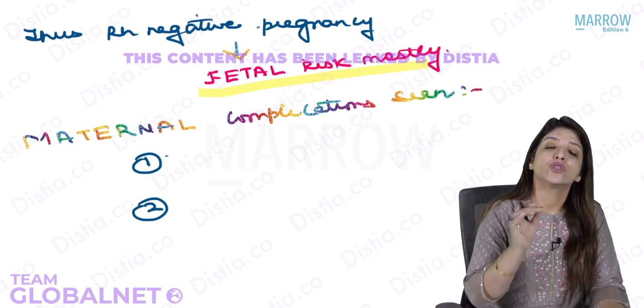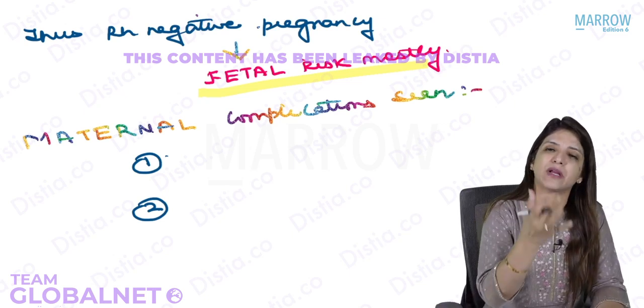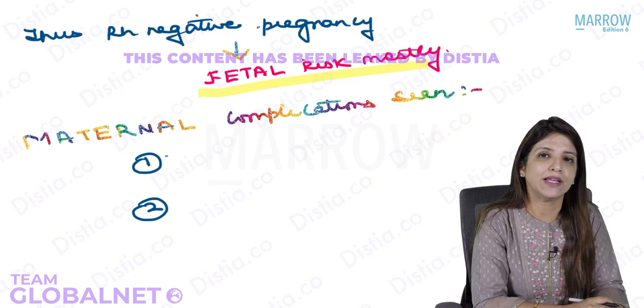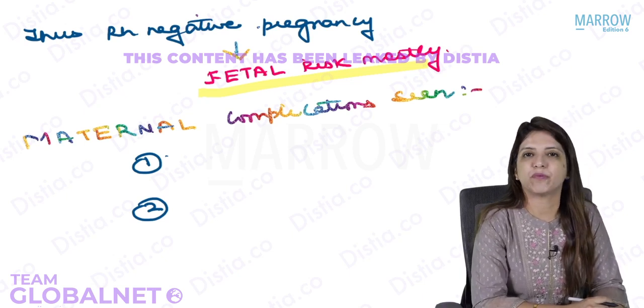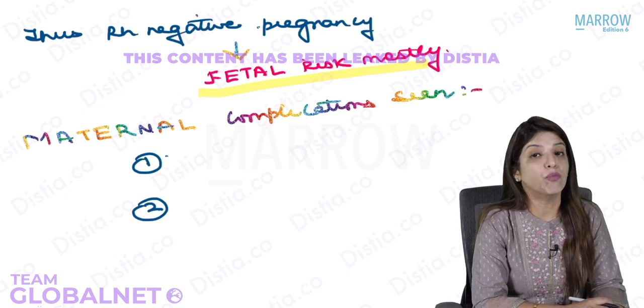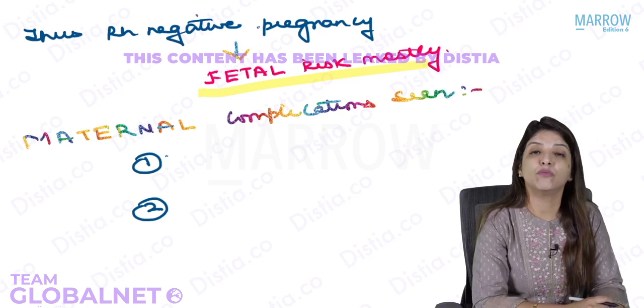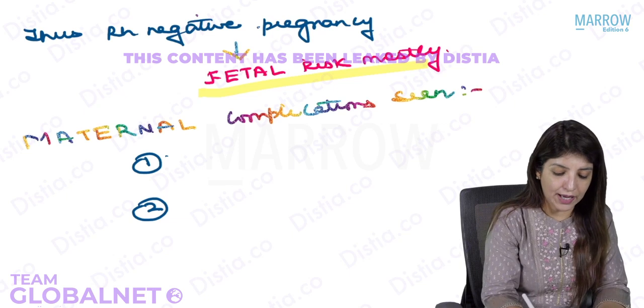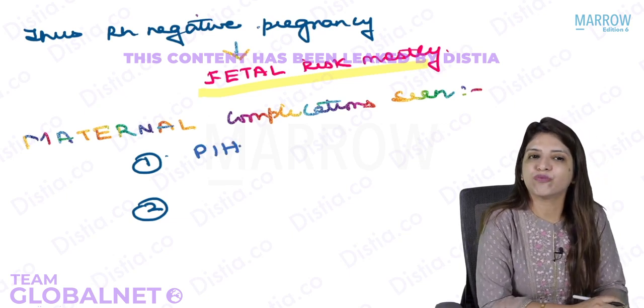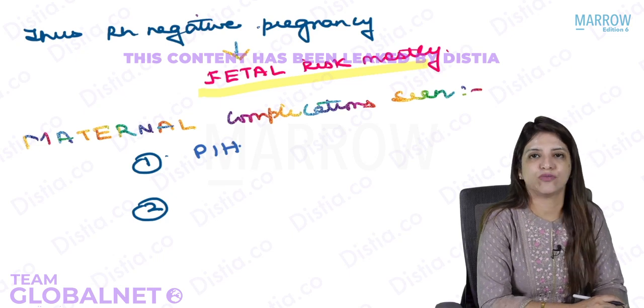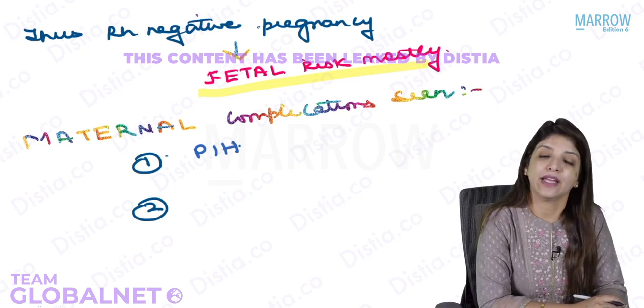So Rh negative isoimmunized pregnancy leads to placentomegaly. And placentomegaly means that the size of the placenta is increasing. The larger the placenta, the greater the chances of PIH. So Rh negative pregnancy is a risk factor for PIH.